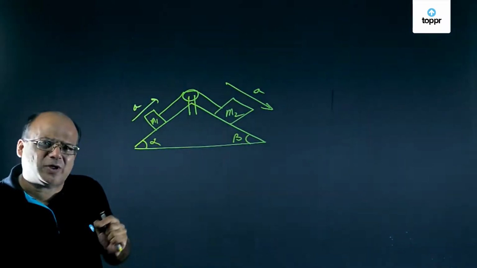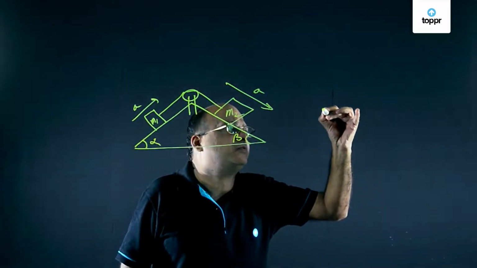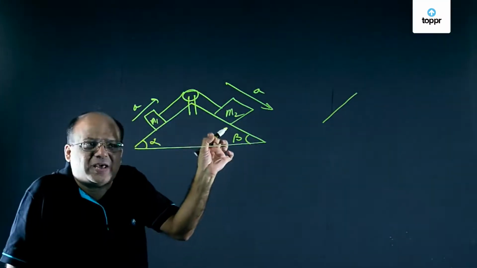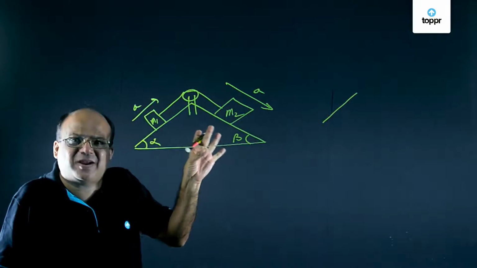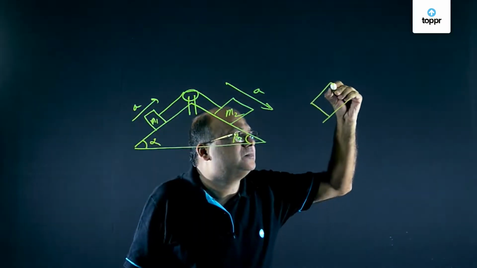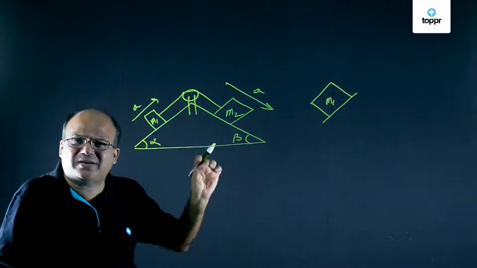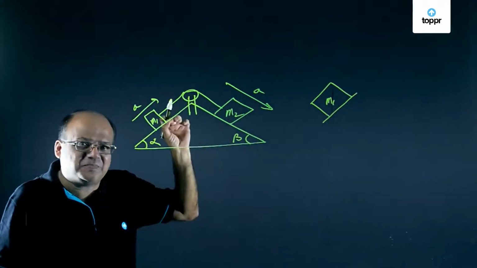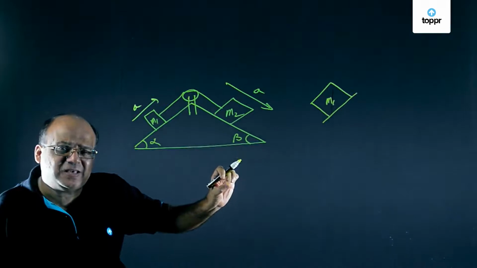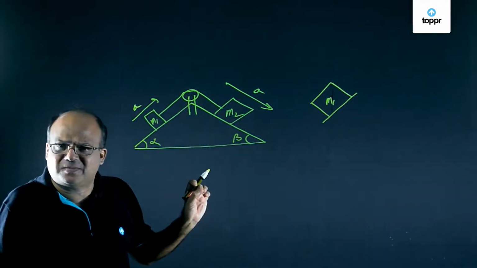Okay, our strings are inextensible and they don't break. So now let us look at m1. Let's draw the free body diagram of m1. This is the inclined plane. I am just drawing a small line just to be aware that the plane is there. This is m1. And now look how I write the forces. This is important. You must draw all the forces systematically and ensure that you don't miss out any of the forces.